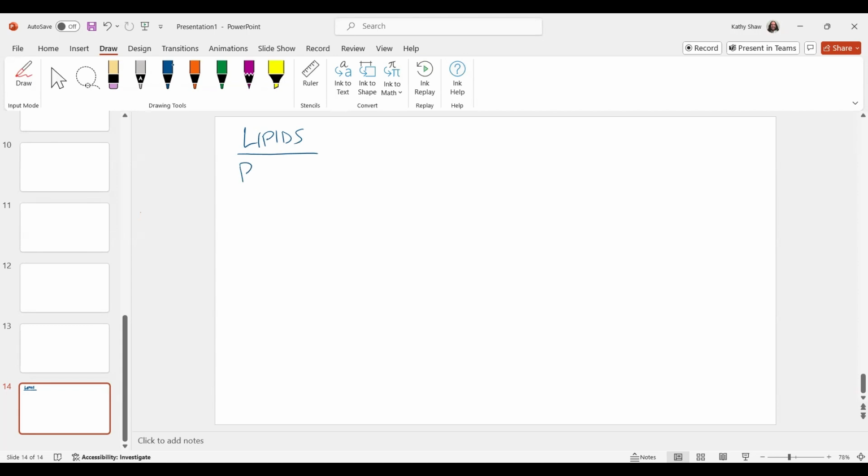So we primarily consume our lipids in three different forms. One is triglycerides or triacylglycerols. So it's a glycerol backbone with three fatty acids attached to it. This one's our most significant.